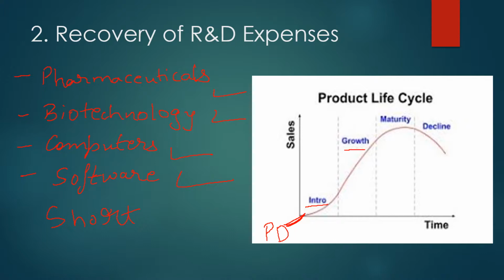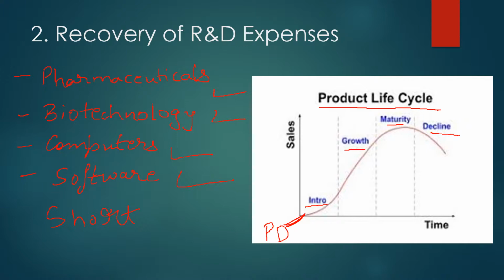After a point of time, the product life cycle will reach its maturity stage. In this stage, your sales are stagnant. For a long time your sales are stagnant, and after that it goes through the decline stage. So normally the product goes through these many stages in its product life cycle.